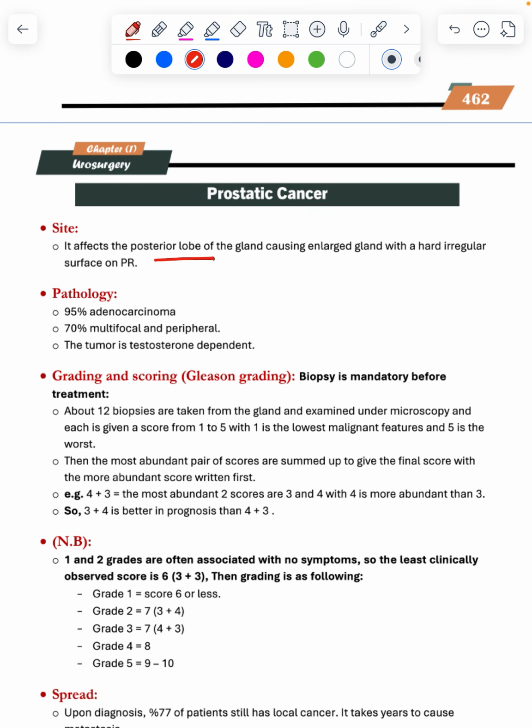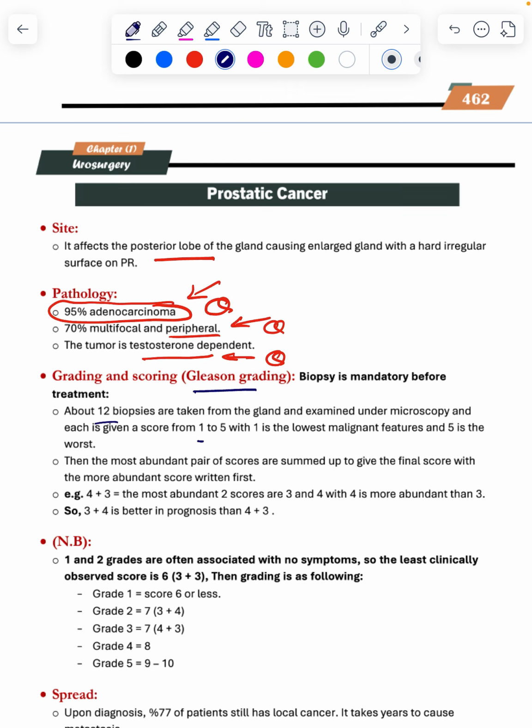Prostate cancer again affects the posterior lobe. This is one thing. Then adenocarcinoma: malignancy of the prostate is adenocarcinoma. This is a question. Multifocal and peripheral. This is another question. Tumor is testosterone dependent. This is another question. Now what is the grading of the tumor?